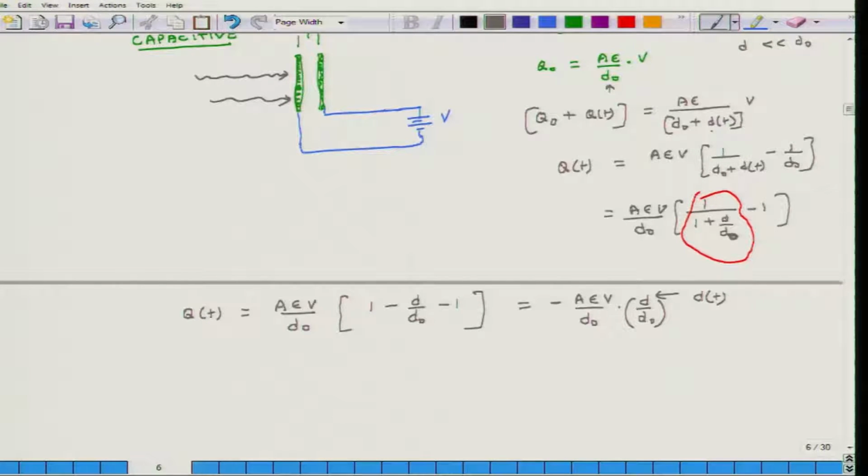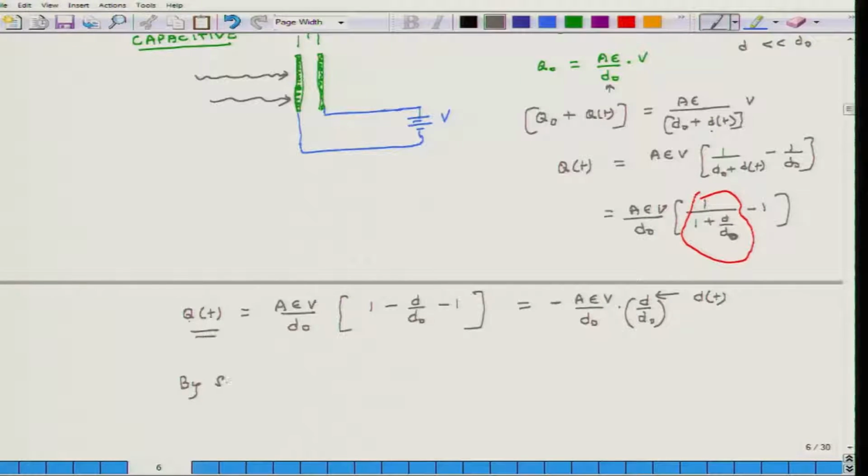Okay. So the point is that if I can measure this change in q, so what is q? q is the change in charge. If I can measure this change in charge, then I can relate that change in charge to d, and this d then can be finally related to the pressure, because if I have double the pressure, then d will be double, and so on and so forth.